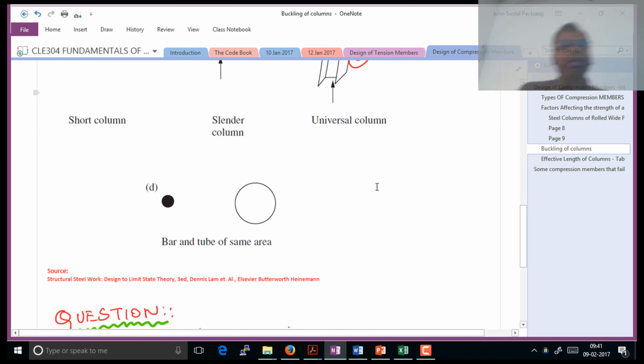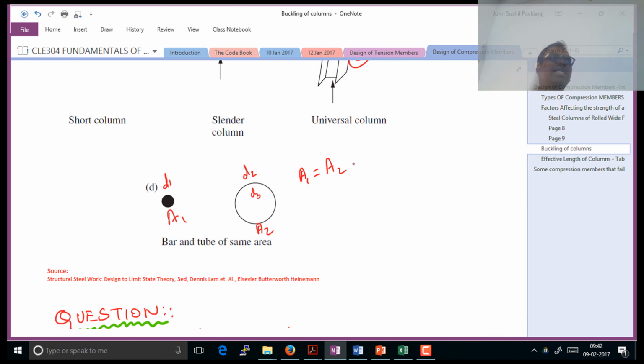And again, there's another example. Suppose this is a bar and this is a tube, and both have the same area of cross section. Say this is D1, the outer diameter here is D2 and the inner diameter is D3. So A1 is equal to A2. But what is the value which has changed here? The value of I has changed.